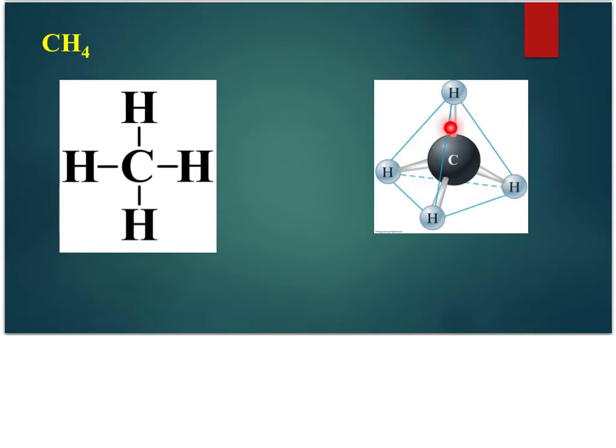You'd expect with 4 groups, 360 divided by 4, 90. But because it's in 3 dimensions, our bond angles will be 109.5. And if you look at the shape we get here, we form a tetrahedral molecular structure and a tetrahedral electronic structure.